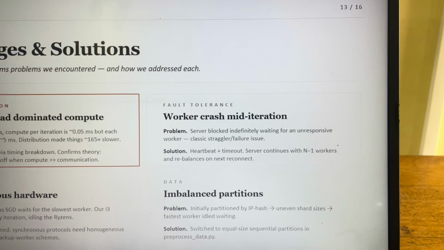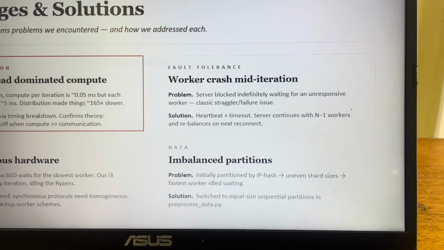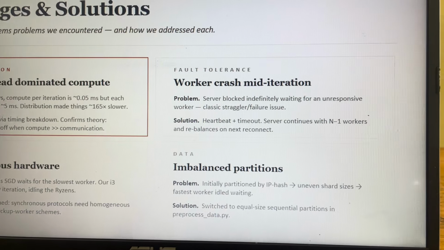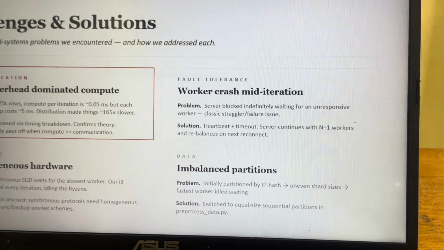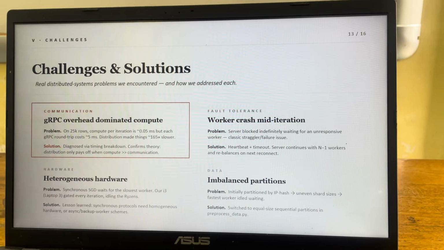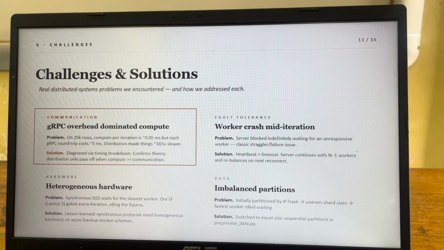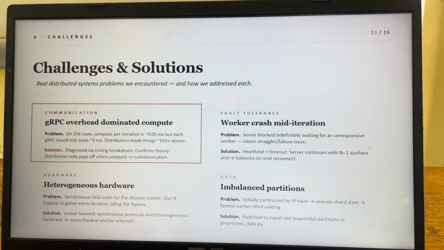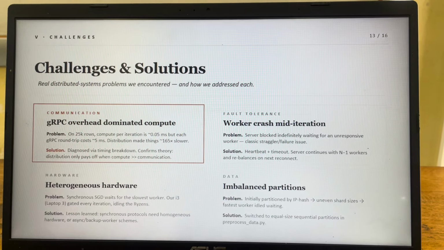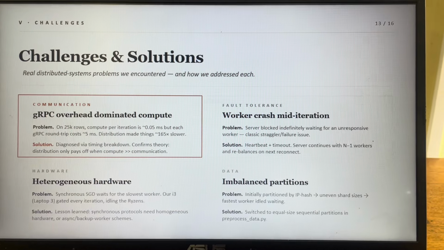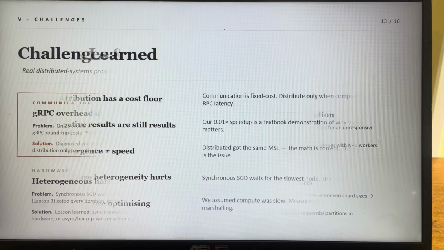Then again, we have imbalanced partitions. Initially we partitioned by IP hash, giving uneven shard sizes, and a fast worker died waiting. The solution was to switch to equal-size sequential partitions in preprocess_data.py, which is a Python file.